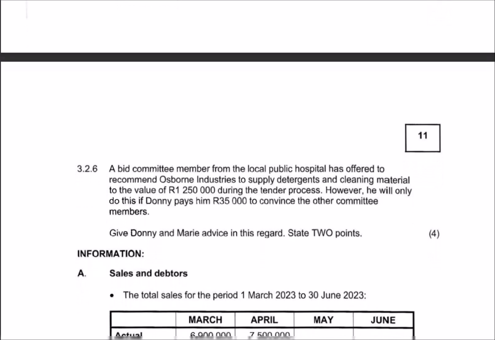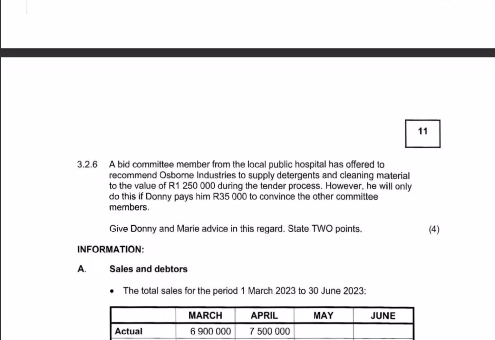Then a bid committee, that's 3.2.6. A bid committee member from the local public hospital has offered to recommend Osborne Industries to supply detergents and cleaning material to the value of 1.2 million during the tender process.